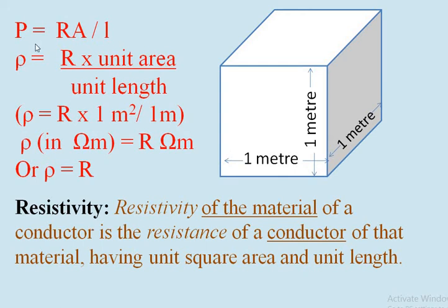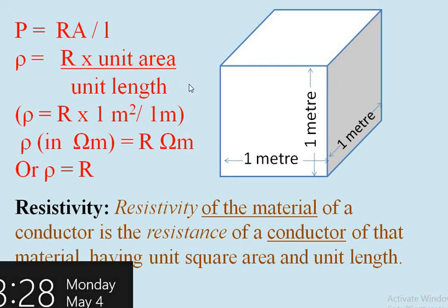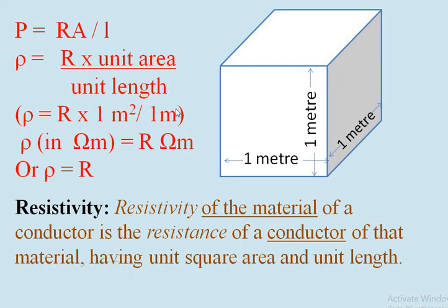Using the relation rho is equal to RA by L, we get rho is equal to R multiplied by the area divided by the length. If we take just 1 meter square area and 1 meter length and put these values in the equation, rho will be equal to R into 1 meter square divided by 1 meter, and that will come R ohm meter.